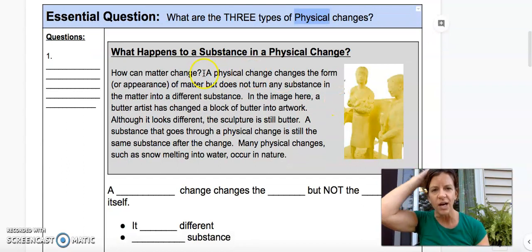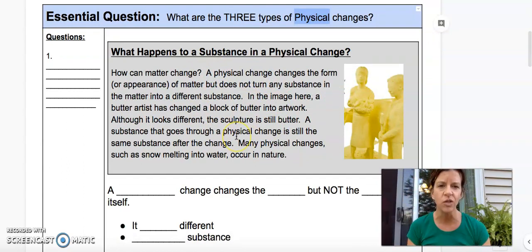Okay, so now we need to highlight and underline some things. Remember, we're only going to underline what the physical change is, not the examples of the butter, okay, but what is the paragraph saying about what is a physical change? Okay, so what do you think we should underline?